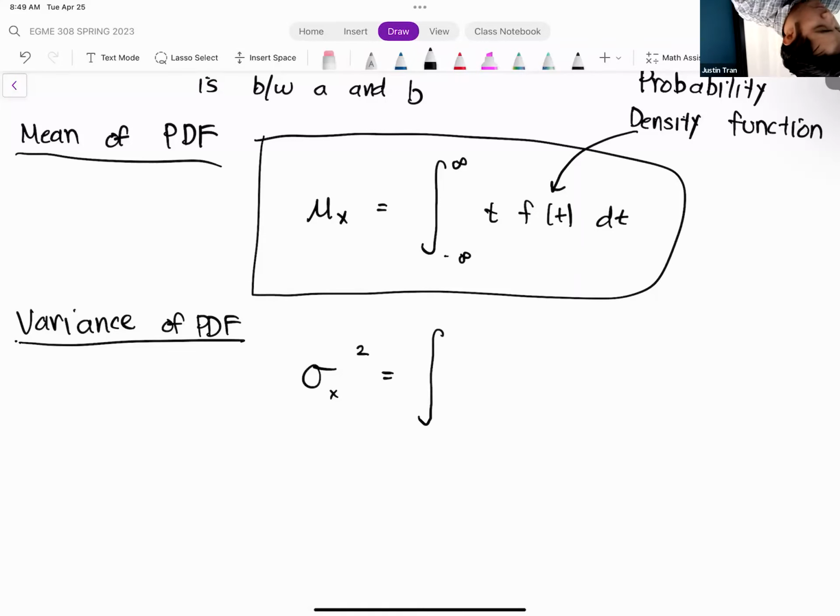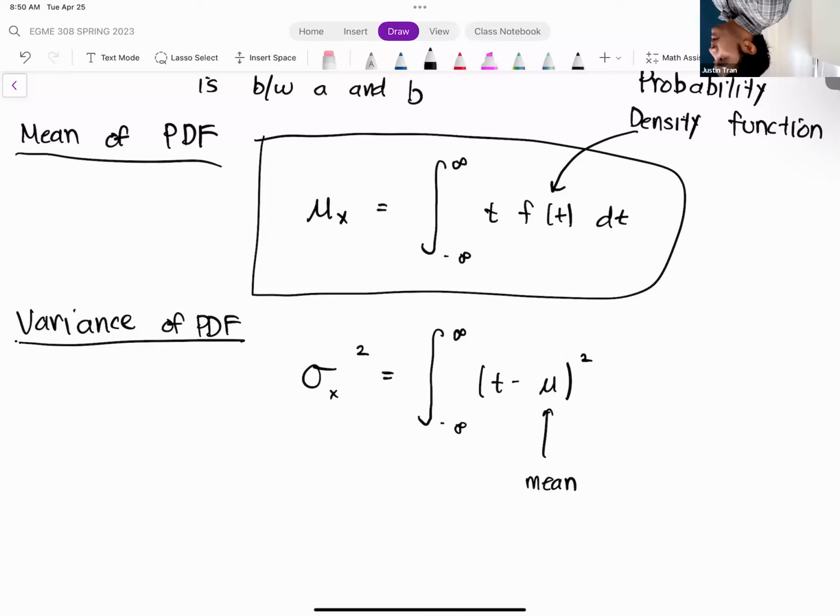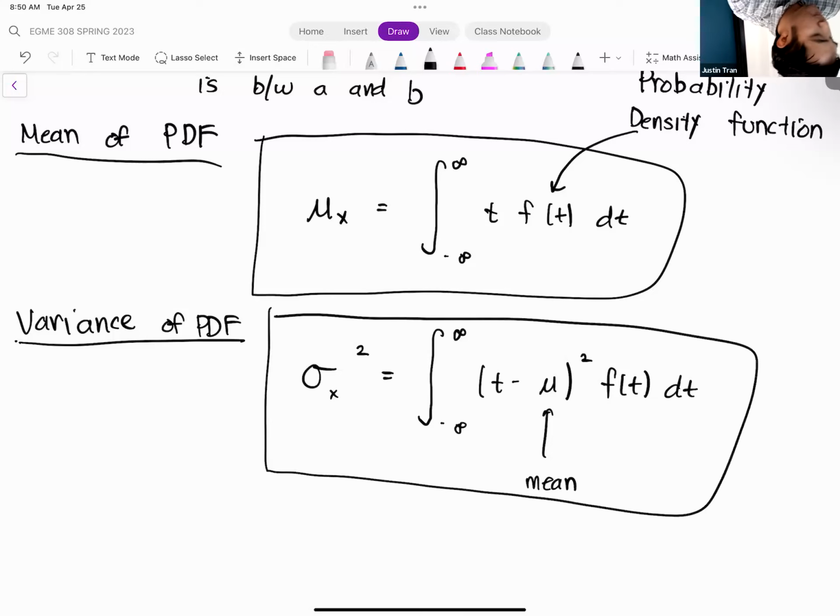This is going to be the integral from minus infinity to infinity of (t minus mu) squared, where this mu here is the mean. So before you compute the variance, you have to compute the mean. That's the same as our definition from last time as well, and you multiply by the probability density f of t.